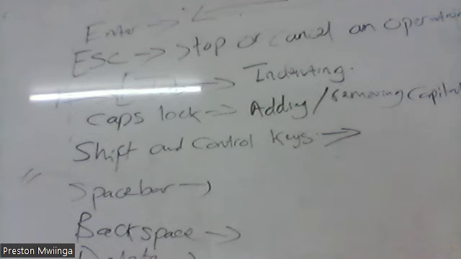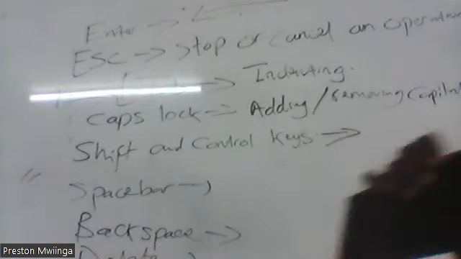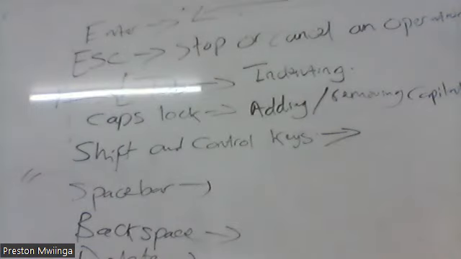Now, what happens when numlock is on? If you look at the numerical keypad, I'll randomly ask someone to tell me what they see. What's found on number 7? Home. And what about number 1? End. So there is home and end.